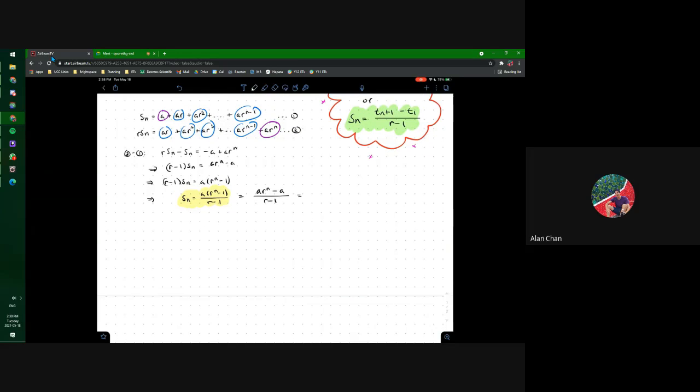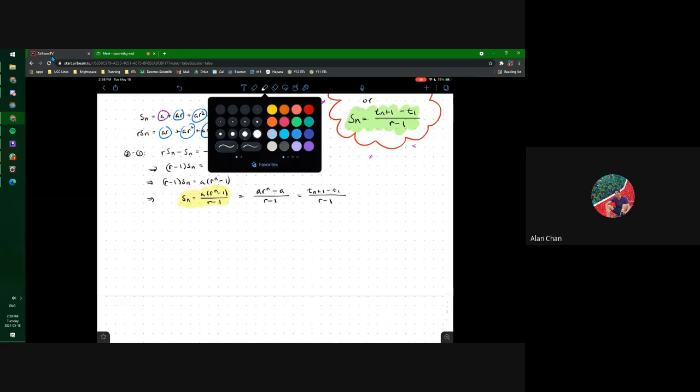And this turns into ar to the n, which is equal to T n plus 1, and then a is just equal to T1, so minus T1 over r minus 1. And remember, the reason why this is plus 1 is because this is r to the n rather than r to the n minus 1. If it was n minus 1, it would be equal to Tn. So that's our green formula.